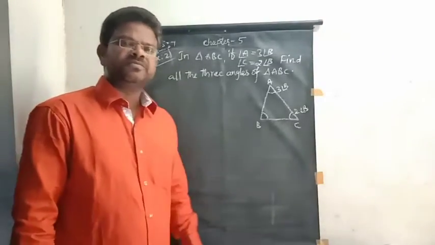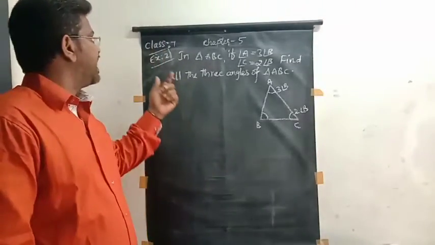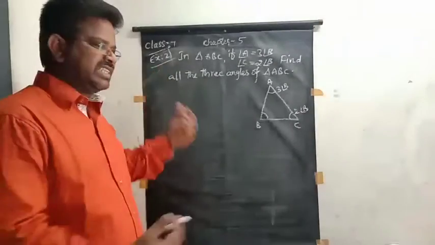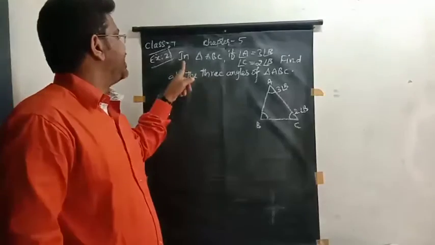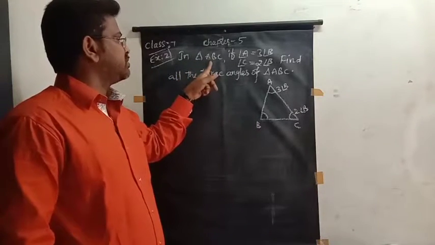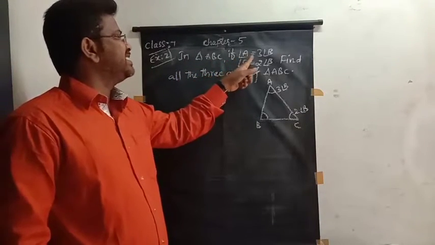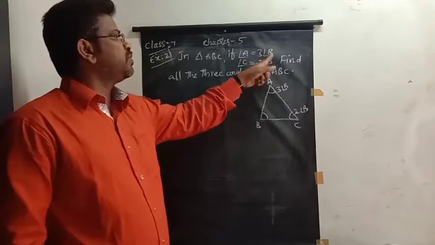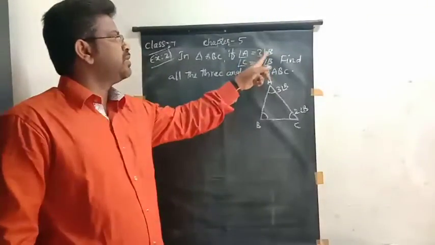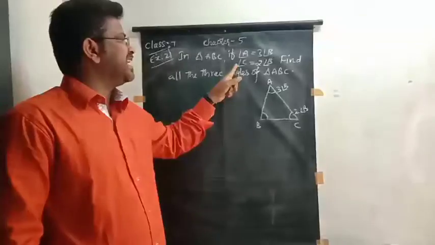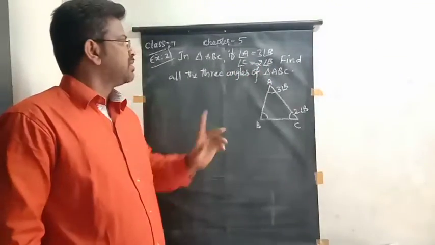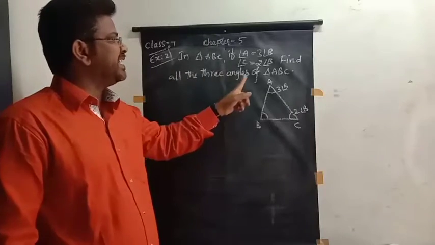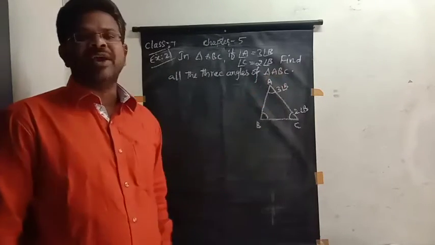In this video, we'll discuss example 2, which is related to the angle sum property. In triangle ABC, if angle A is equal to 3 into angle B, and angle C is equal to 2 into angle B, find all three angles of triangle ABC.